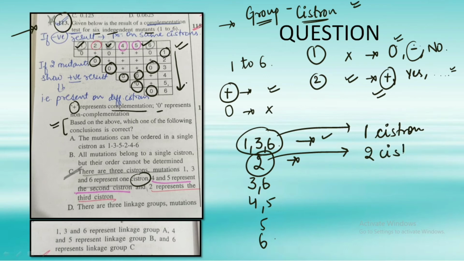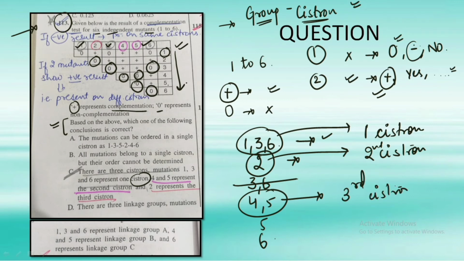So this represents the second cistron. So the third one is 3 and 6. We have to eliminate it. Why? Because 2 mutants cannot be present in 2 different complementation groups, hence just eliminate it. Then move forward. Then we have 4 and 5 representing the third cistron, and then just move forward, cut out 5 and 6 because we have already taken those values.